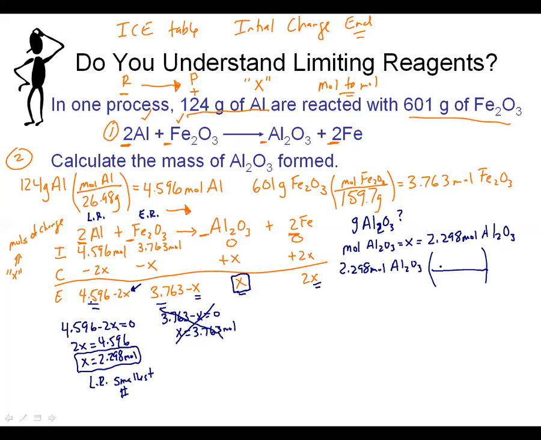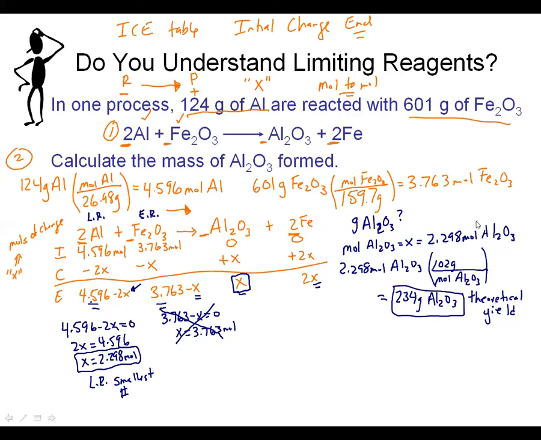So we'll call it 102 grams per mole. That means we would produce, in this case, about 234 grams of aluminum oxide. This would be our theoretical yield for aluminum oxide. Any questions on that so far?